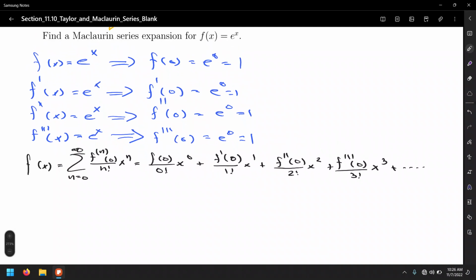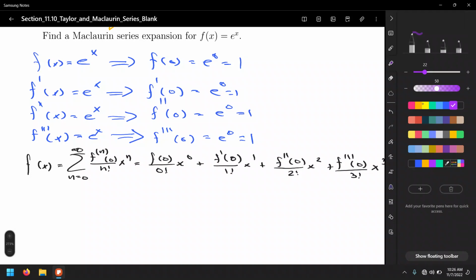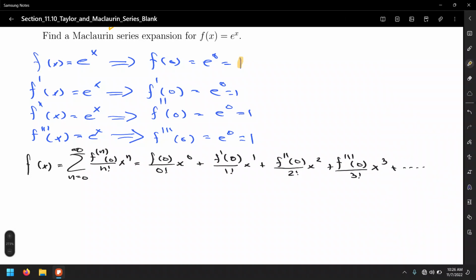Alright, so well, all these coefficients right here, I'm going to highlight them using one single color this time. So this coefficient, this is a 1. This is also a 1 over here. This is another 1 here. This is another 1 here. And that's going to be f of x equals 1 over 0 factorial x to the 0 plus 1 over 1 factorial x to the first power.